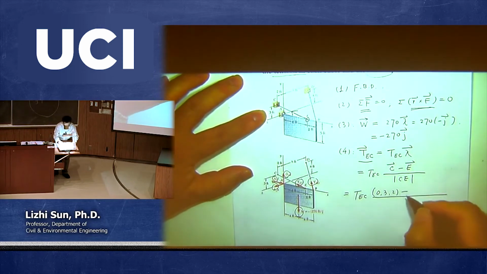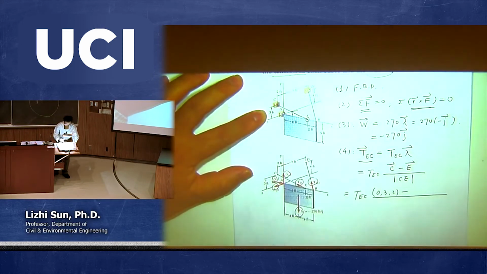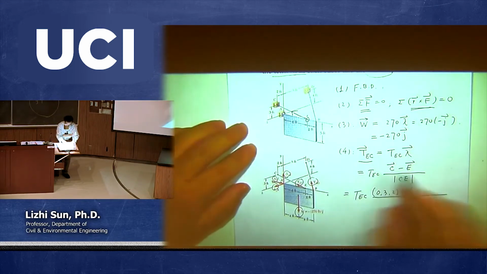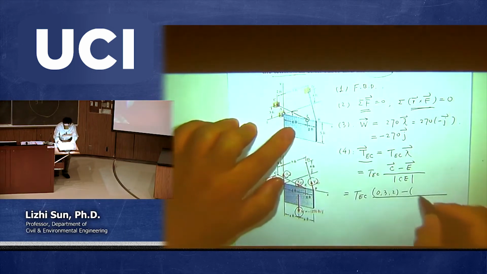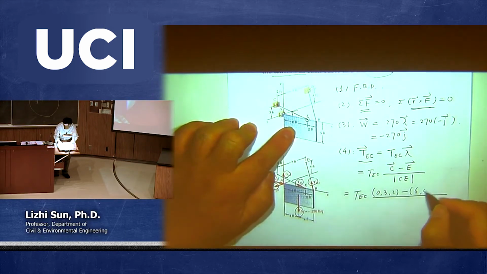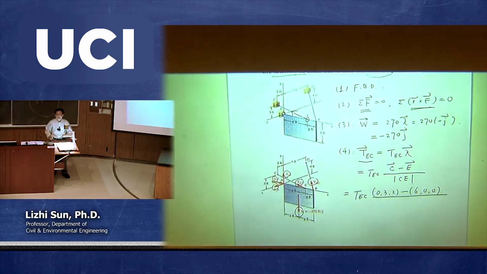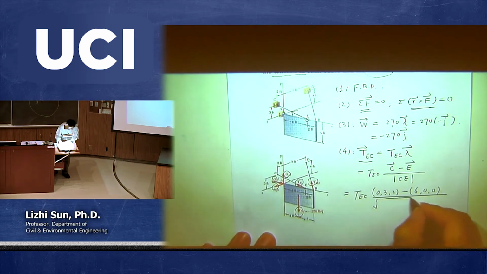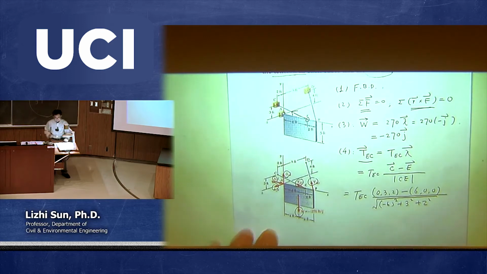And then minus point E. What are the 3 components of point E? 6 and 0, 0. Any questions? Again, these are chapter 2 stuff, right? And then divided by the square root of 0 minus 6 squared, 3 minus 0 squared, 2 minus 0 squared, and then square root.